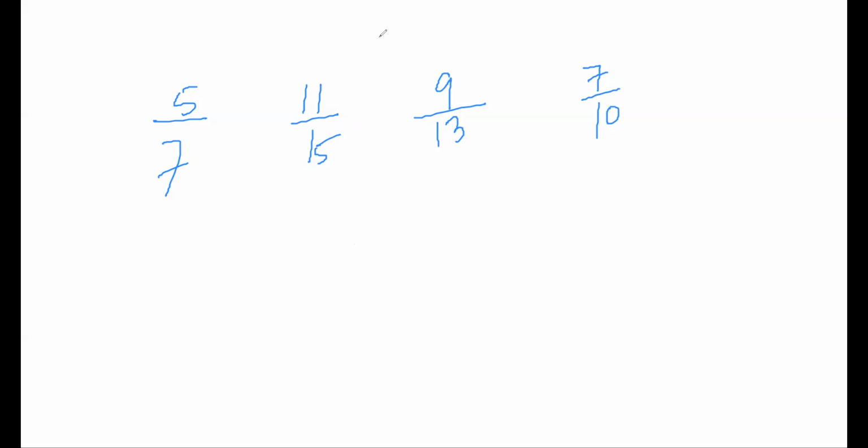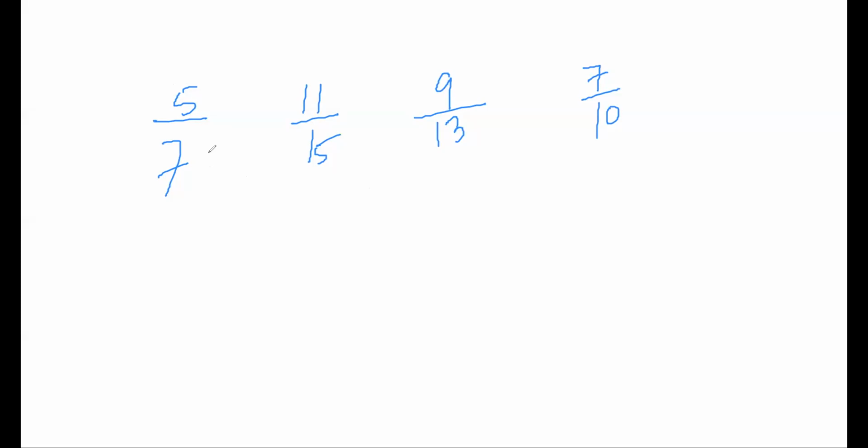When such a scenario is there where random fractions are there, you don't have any pattern as such, then how do we compare them? One way is you calculate the value, what is 5 by 7 and this and this. That is one approach.